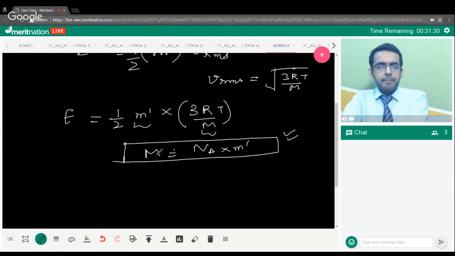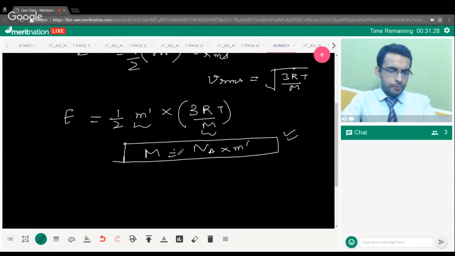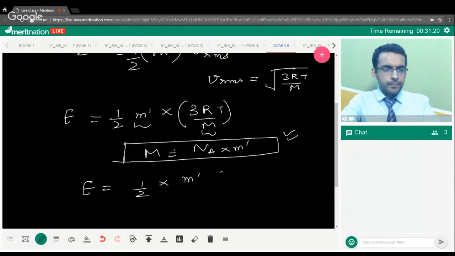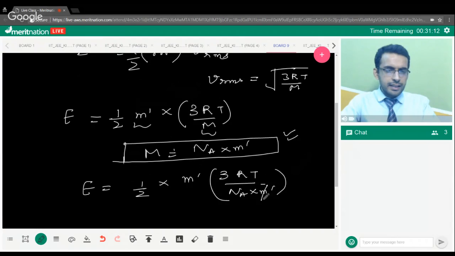Now substituting capital M as Na times m dash, we easily get E is equal to 1 by 2 into m dash multiplied by 3RT over Na into m dash. Now, dear students, you can easily see that m dash and m dash cancel out.